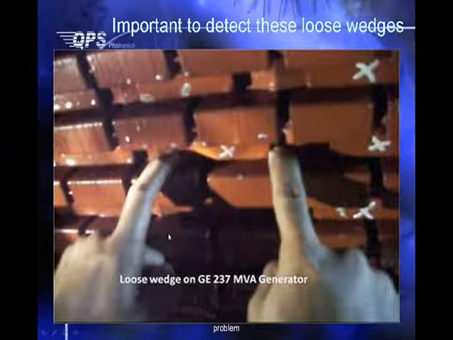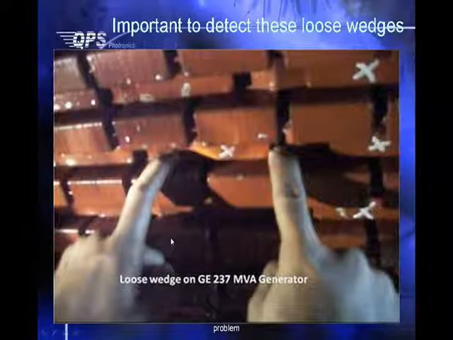Now, if you think about a large generator, how many of these wedges do you have to inspect? You will be talking about weeks, and during these weeks, unfortunately, the generator won't be running, and that means loss of revenue for the power plant.